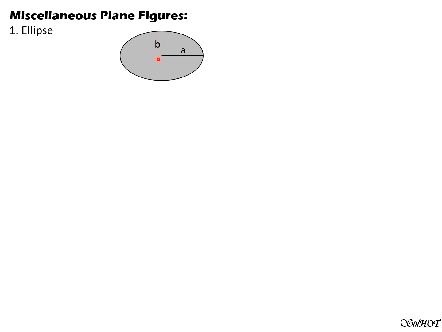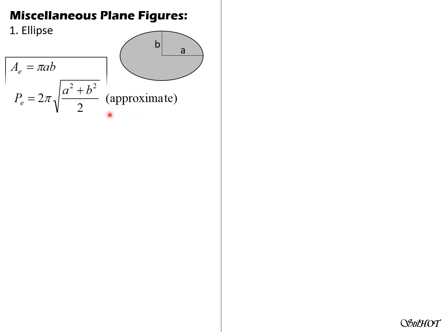The area is pi AB, and the perimeter may be approximated by the formula 2 pi times the square root of the average square of A and B. So 2 pi square root of the quantity A squared plus B squared over 2. But that's an approximate formula.